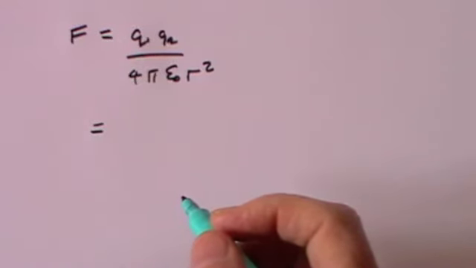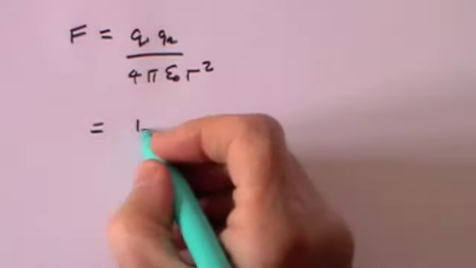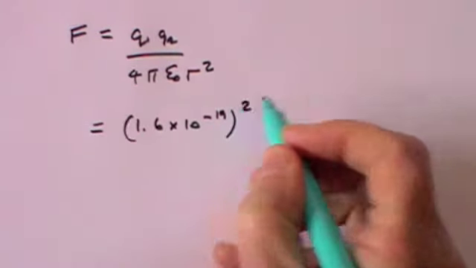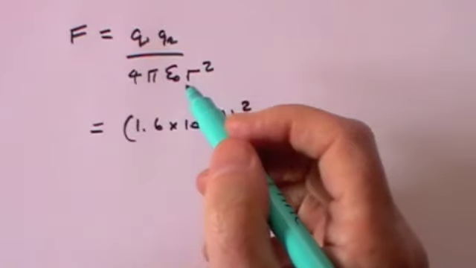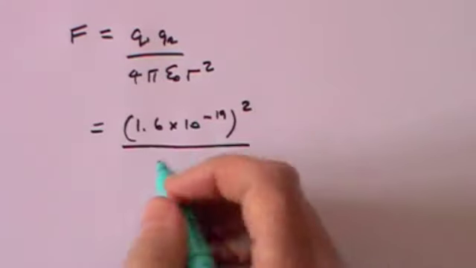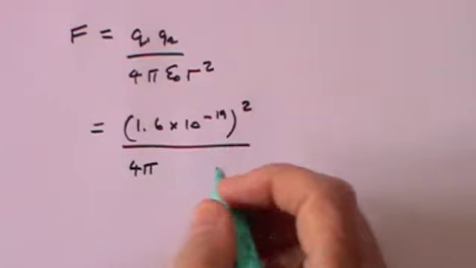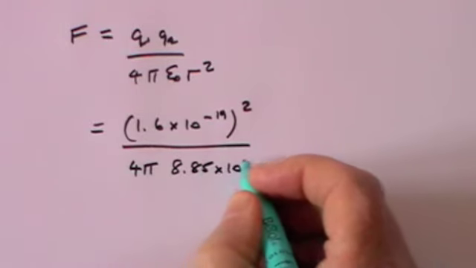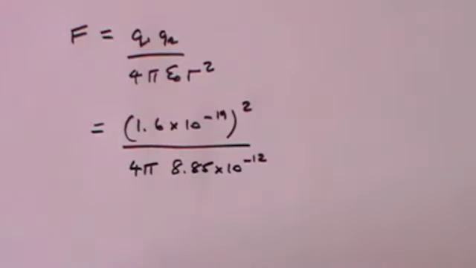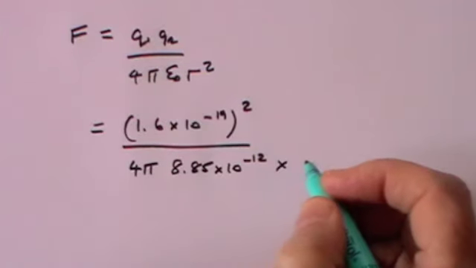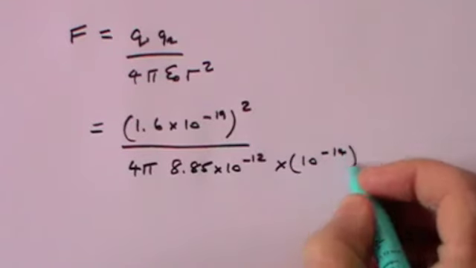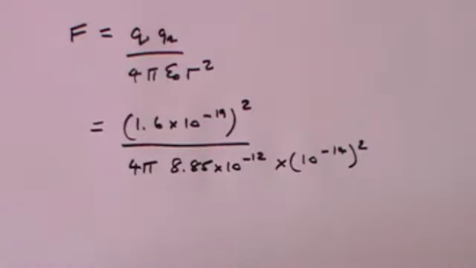Each of them will have the same charge as an electron, so that's 1.6 times 10 to the minus 19, but it's squared because it's Q1 times Q2, divided by 4 pi times epsilon naught, which is 8.85 times 10 to the minus 12, as I say, you'll normally be given that, times the separation, which we were told was 10 to the minus 14, and that of course is also squared.